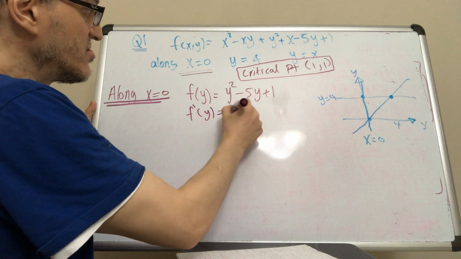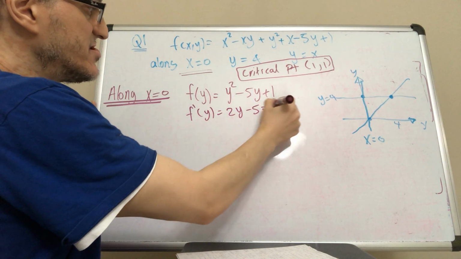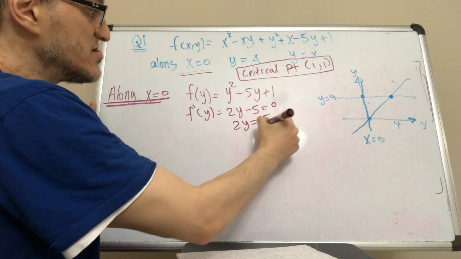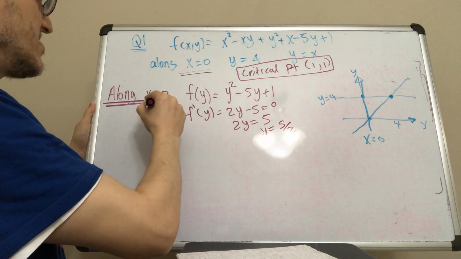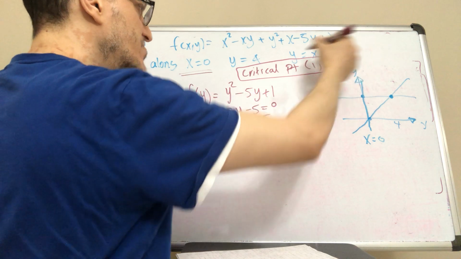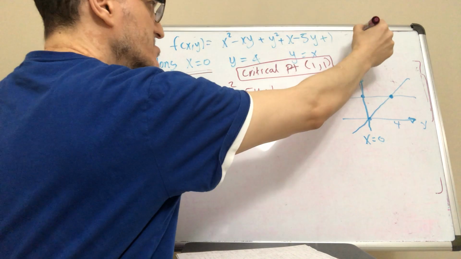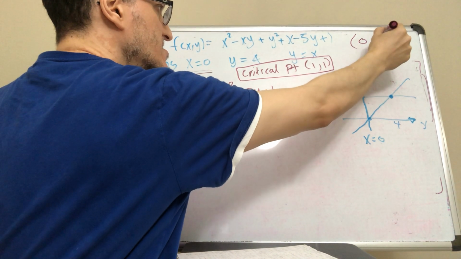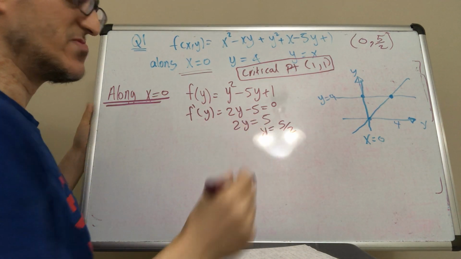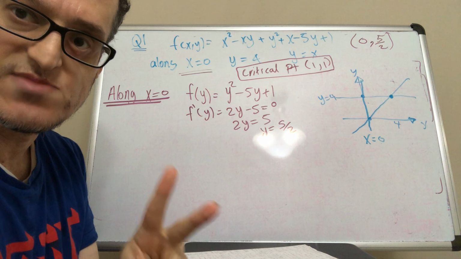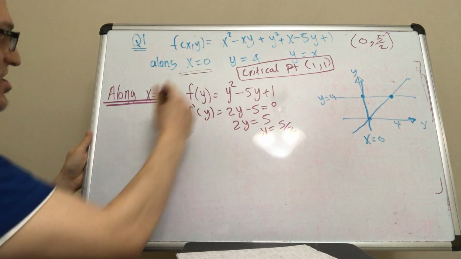Derivative, 2y minus 5 equals 0, 2y equals 5, y equals 5 over 2. So now we get another point from the first one where x is 0 and y is 5 over 2. That's point number 2.